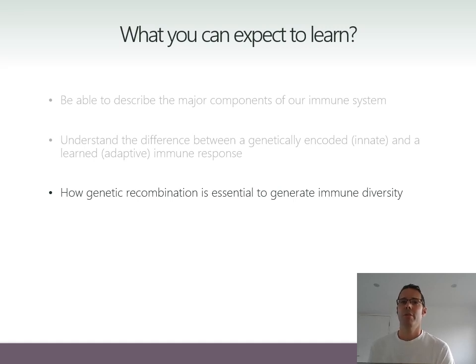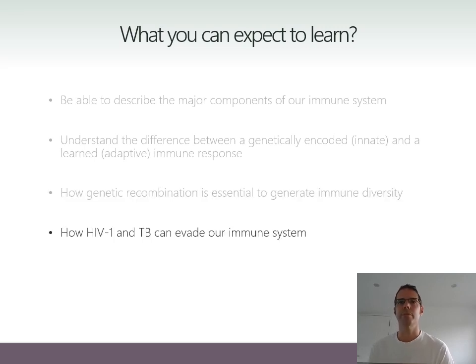I'll talk about how genetic recombination is really essential to generating immune diversity, and understand what this use of non-genetically encoded material in your genome allows: almost limitless diversity in recognizing foreign antigens, foreign proteins.